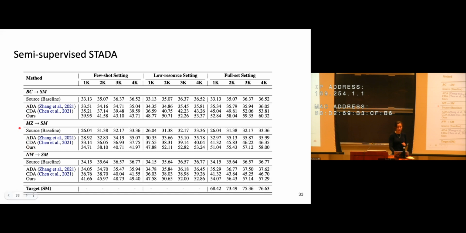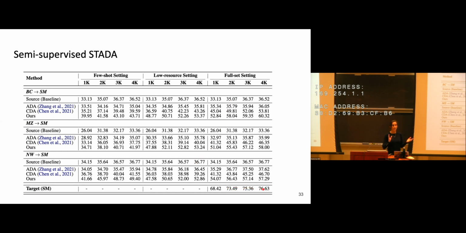Then for this particular setting, we explore few-shot setting, low resource setting, and full setting. So when we have different regimes of training data available, this is where we have the full setting. This continues to be our upper bound.